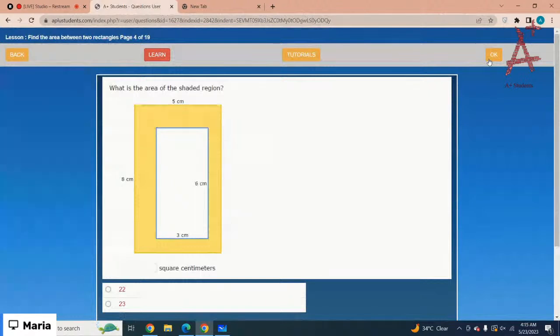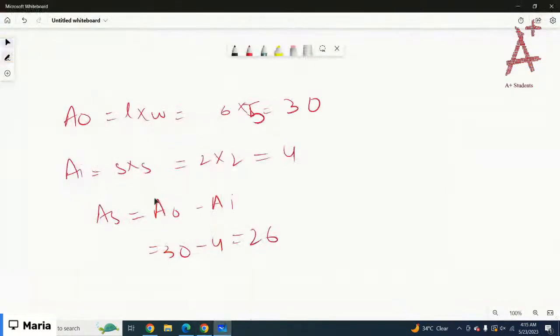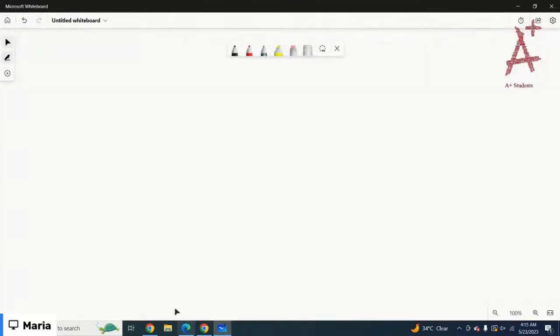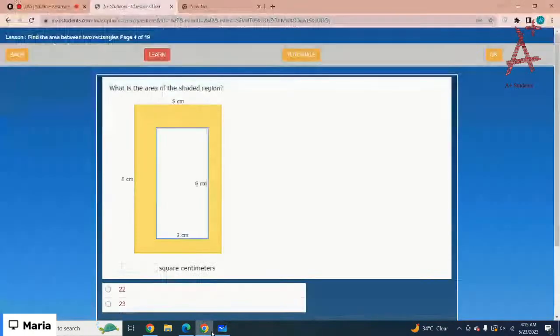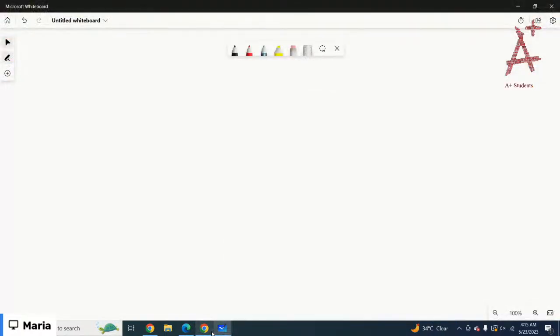Okay, the next one is, you have to calculate the area of the outer shape and subtract the area of the inner one from it. Both of them are, I think, rectangles. Let's calculate the area of the outer one.